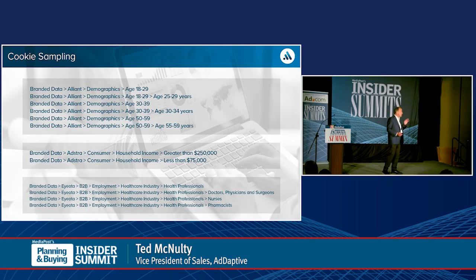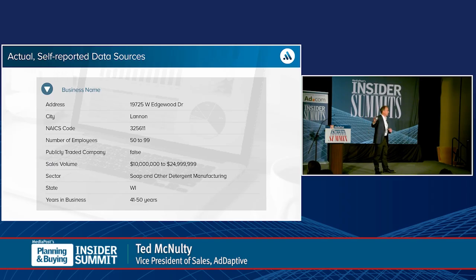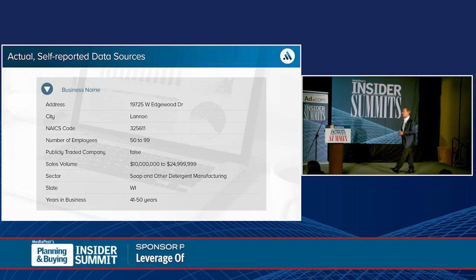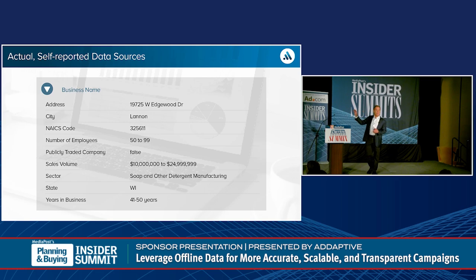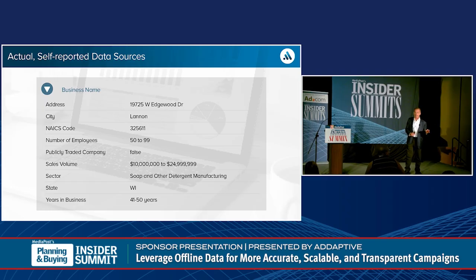Now let's compare this information to the self-reported factual information that we are getting from our offline data sources. Here's a sample record from our business file. This is the information we would use to target a B2B campaign. Based on the offline data that we have on this company, we know for a fact that they have between 50 and 100 employees. We know for a fact that they generate between $10 to $25 million a year in sales.